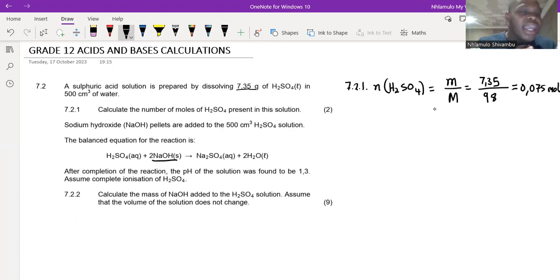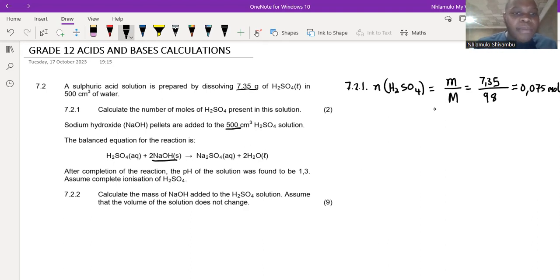Every time you add a solid, you must know that the volume of the solution is not affected by the solid. So the volume of the solution will still be 500 cm³ because the sodium hydroxide is a solid. It carries a zero volume.